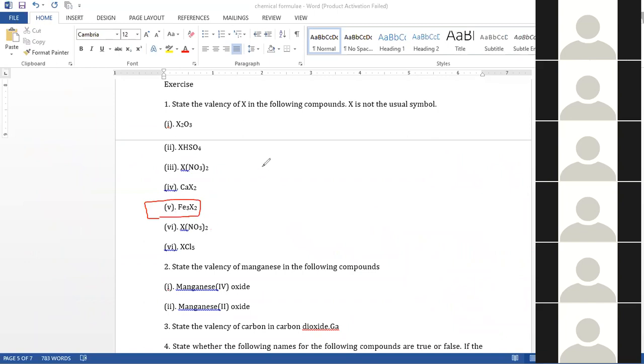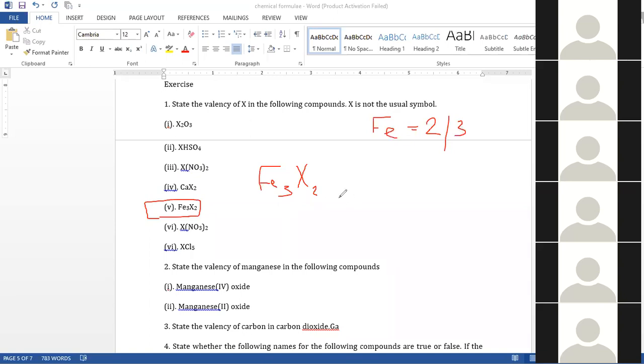Now, for number 5, we have iron with a 3 and X with a 2. So we need to first remember, what are the valences of iron? Check the table. 2 or 3. It can be 2 or it can be 3.